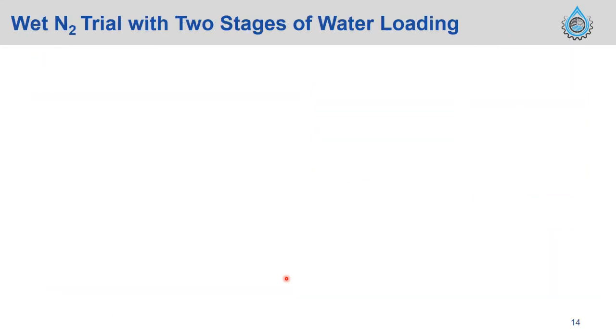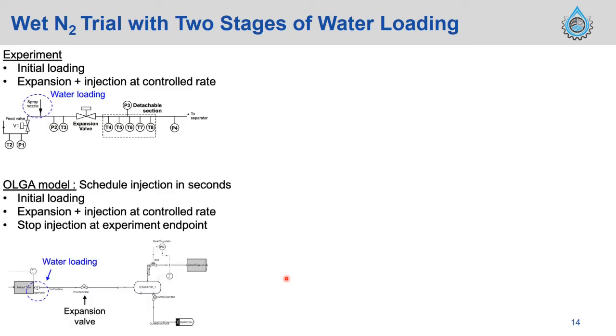Now let's have a look at the wet nitrogen system in the JT loop. In the experiment, we have a scenario using an initial loading case, and then after a certain amount of water, we expand the system, and then we continue injecting water using the atomizing nozzle.